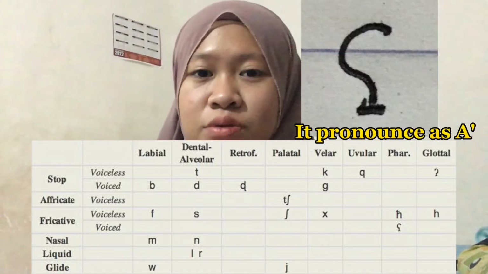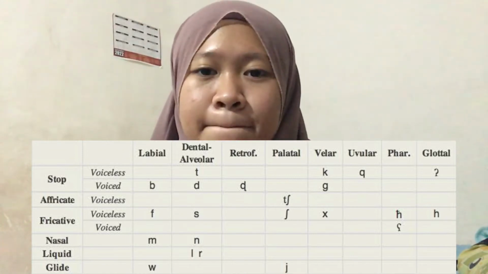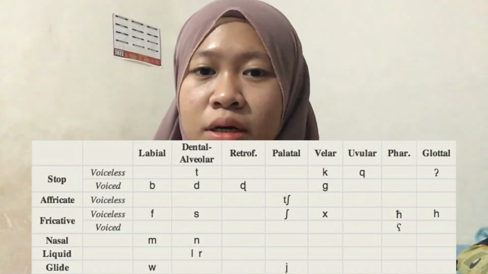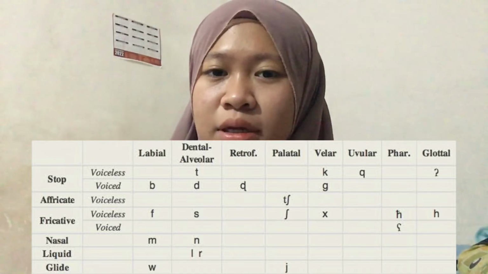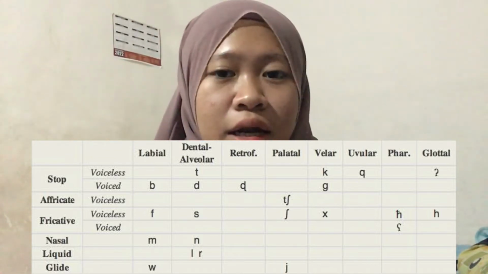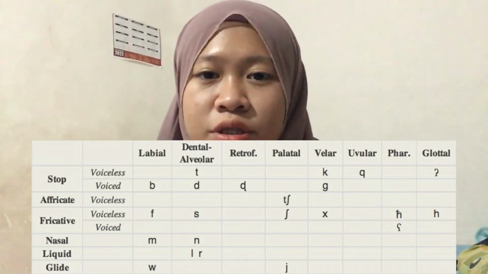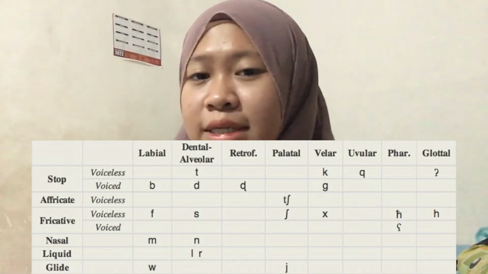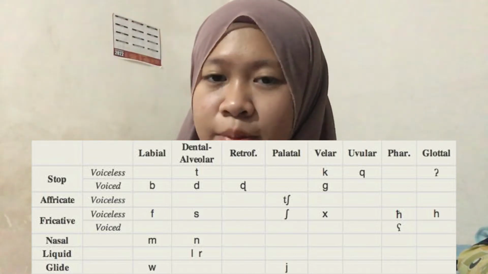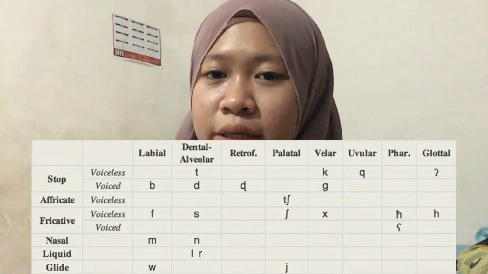And C, that sounds O, is a fricative, voiced pharyngeal. And M is a nasal bilabial. And N is a nasal dental alveolar. And L and R are liquid dental alveolar. W is a glide bilabial. Y is a glide palatal.